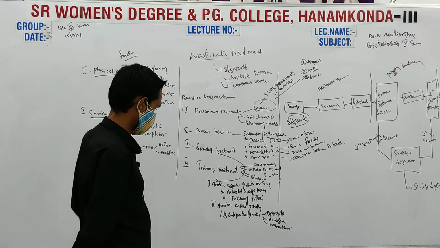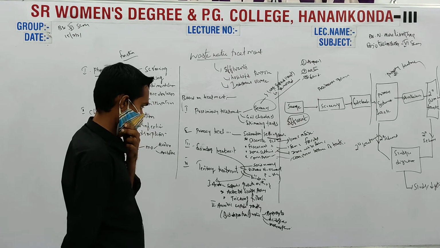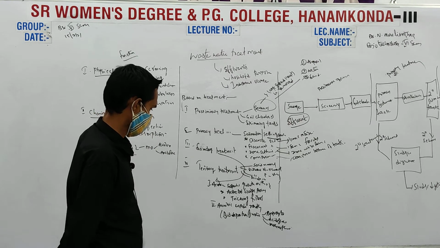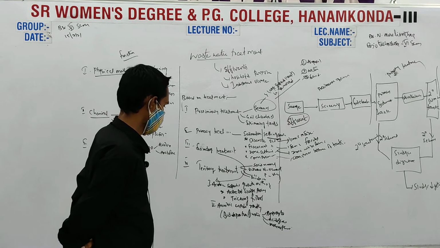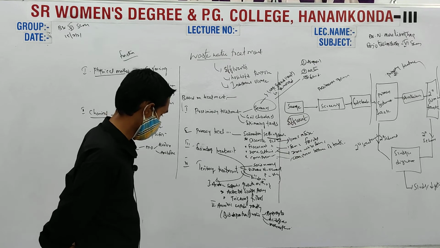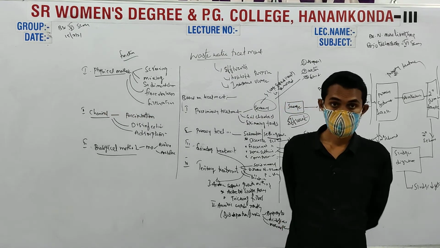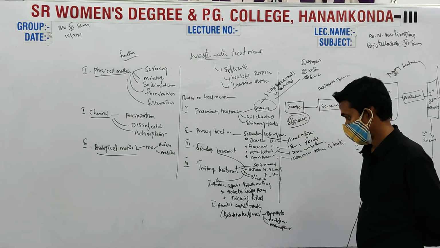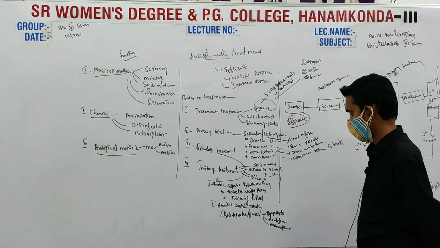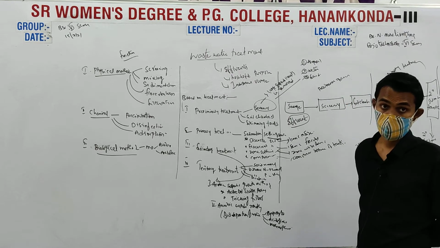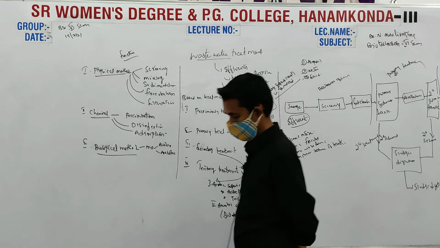In the anaerobic suspended growth method, we have biodegradation of water, which includes hydrolysis, acidogenesis and methanogenesis as the steps involved in biodegradation of water.